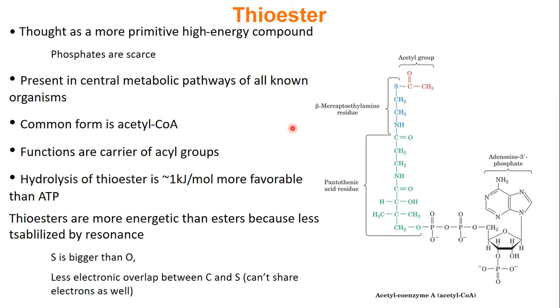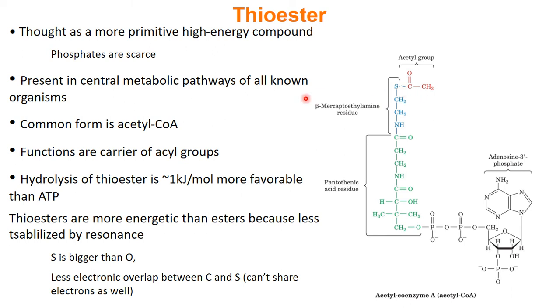So one other compound we need to talk about is our thioesters. These are thought to be like the first energy compounds ever for life, because phosphates are scarce, especially in a world that didn't have much life to begin with. Having phosphates around wasn't really a thing, so early life adopted a different type of energy currency, the thioester.